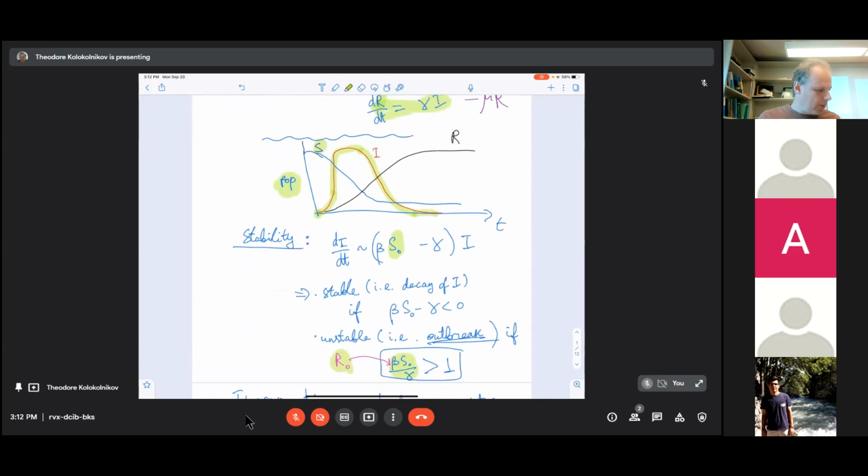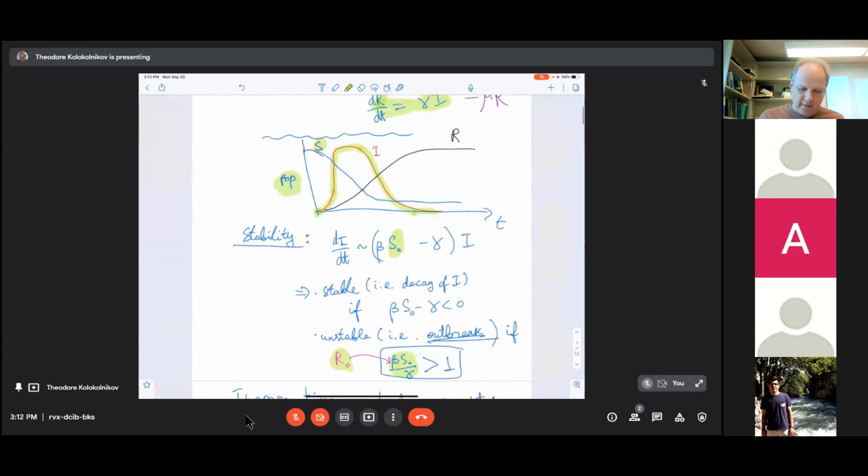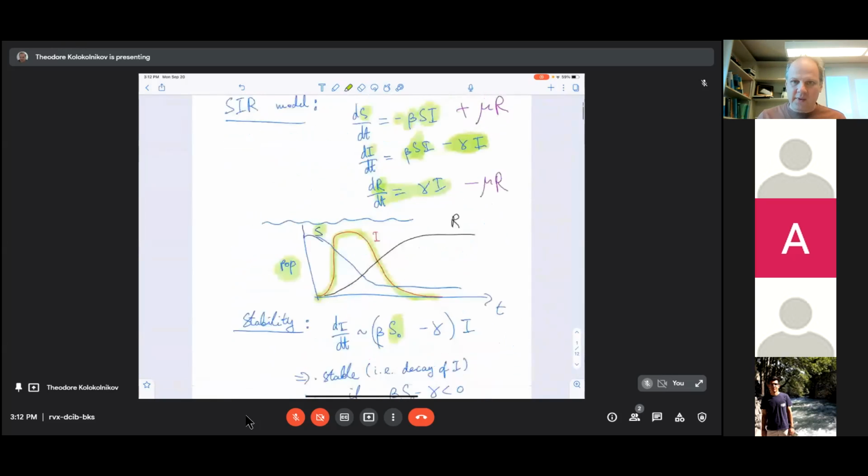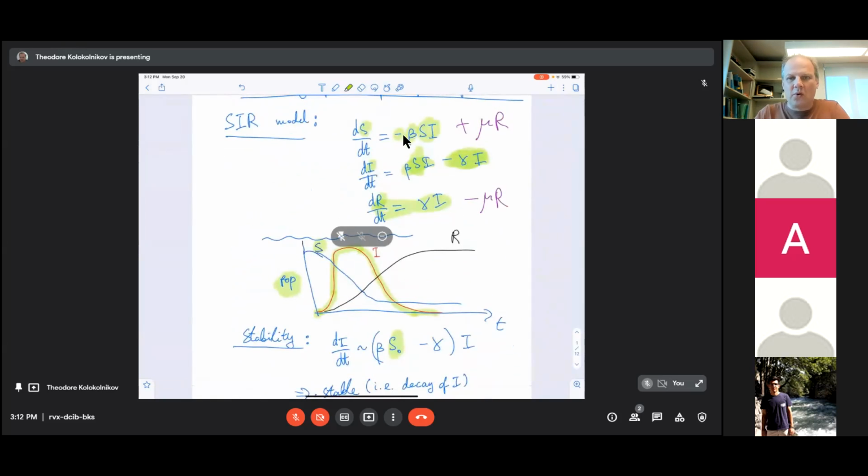Okay, so now what I want to do is incorporate a spatial component to this model. I mean, already there is some sort of notion of space here because the way I've written this SIR model, this susceptible number can be thought of as being a function of space. So just that already gives us some information.